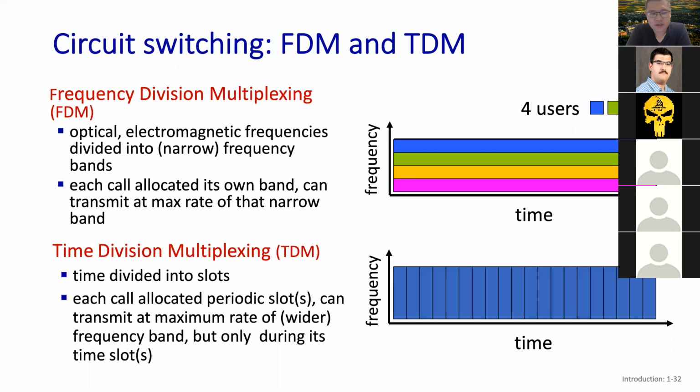But these 2 methods are used in different cases. For example, FDM, frequency division multiplexing, is mostly used for analog signals, because it is based on frequency; they have to decompose the frequency into different bands. Time division multiplexing is mostly used for digital data.